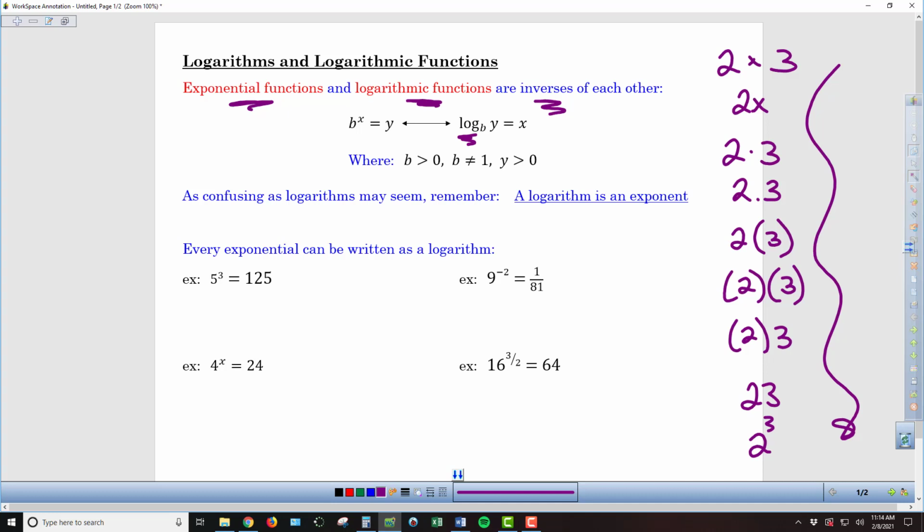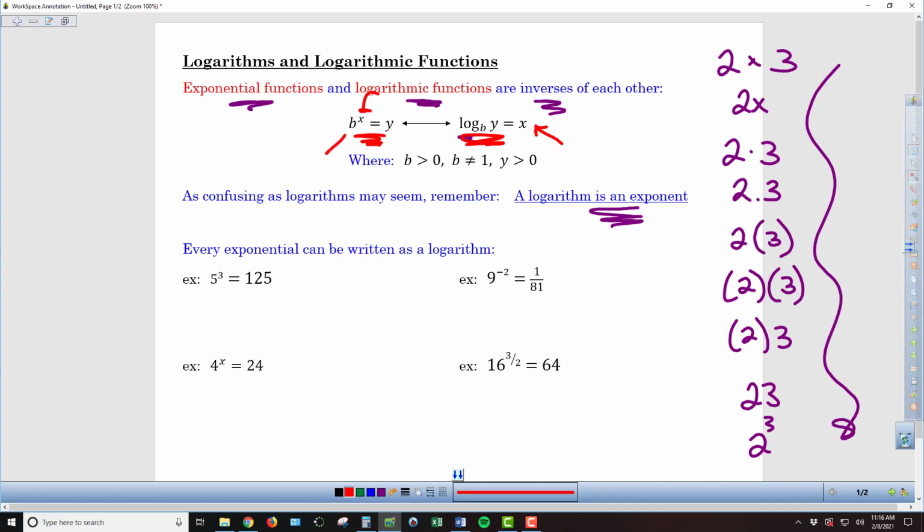And then a second thing to repeat as a mantra in our head is that a logarithm is an exponent. What do we mean by that? Well, if we take a look at the pattern of how we can rewrite an exponential in logarithm form, we can see that the exponent of the exponential becomes isolated and is equal to a logarithm.